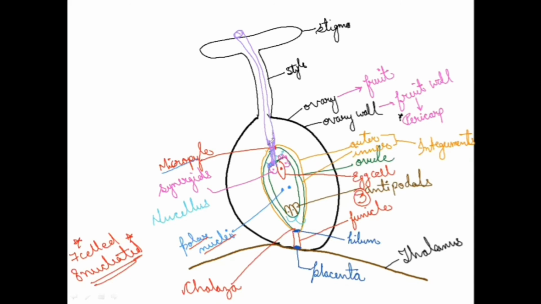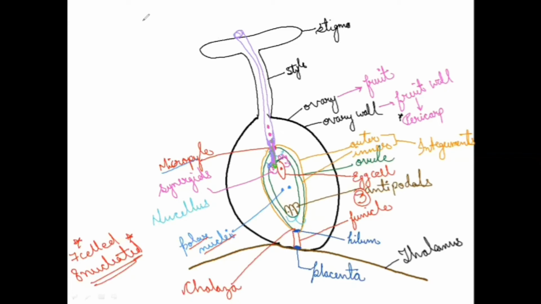These finger-like projections of the synergids just invite the pollen tube, and the pollen tube carries its two male gametes within it, and transfers them into the embryo sac. The synergids get degenerated. Now comes one important point. When the pollen tube enters into the synergid, it will get degenerated.